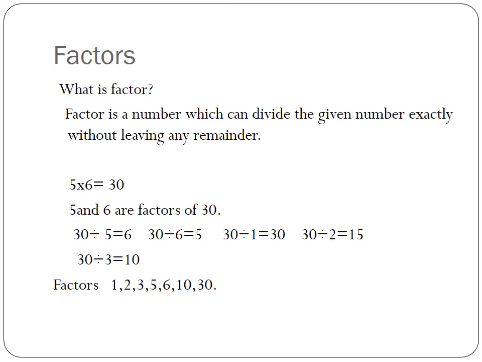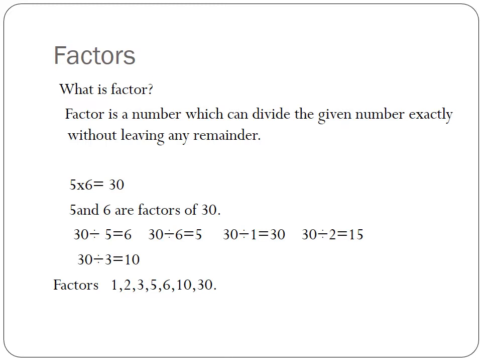Children, you know that if we multiply 5 with 6, the answer is 30. 5 and 6 are factors of 30 because 5 can divide 30 and 6 can also divide 30. 1 can divide every number, and 30 is divisible by 2 also, and 30 is completely divisible by 3 also.